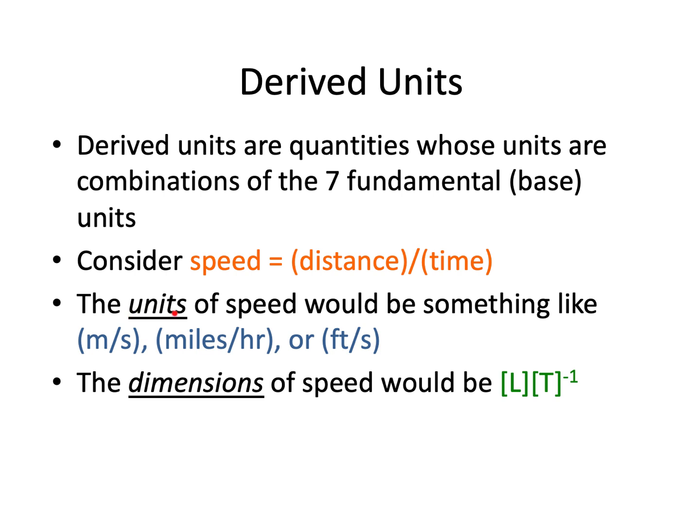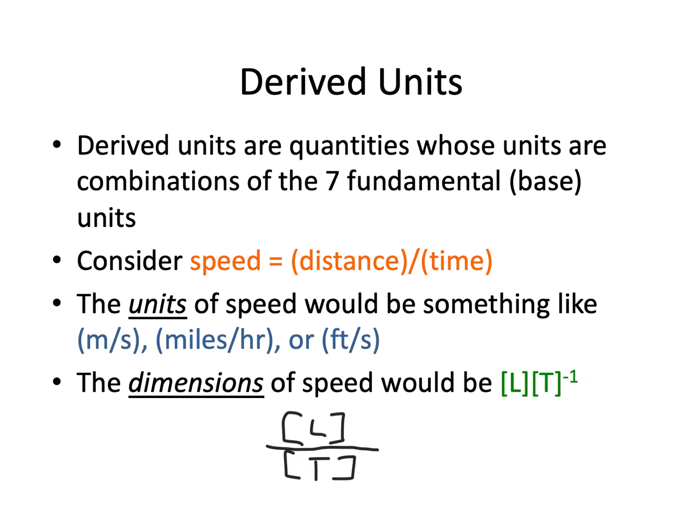And so the units of speed would look something like meters over seconds, or miles over hours, or feet per second is the usual way to say that sort of thing. Now, the dimensions of speed would be L over T. And I could write it like this, just the L dimension over the T dimension. But when you divide by something, that's the same as expressing it to the power of -1.